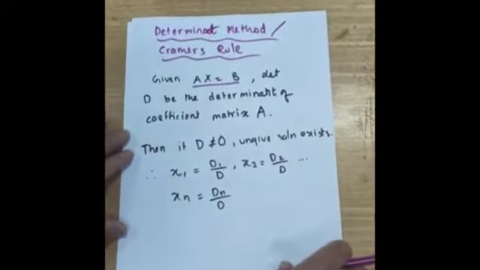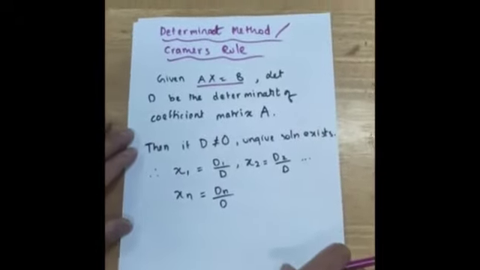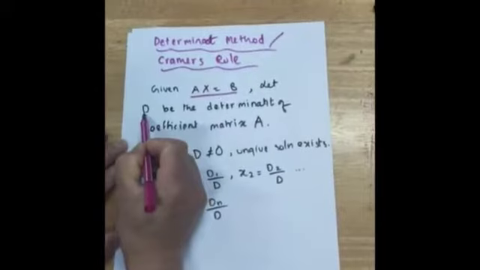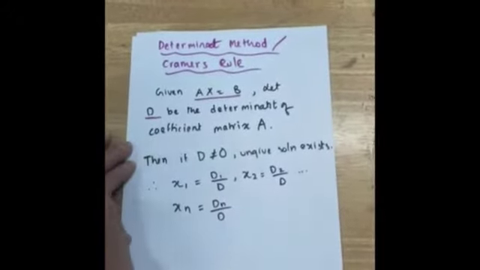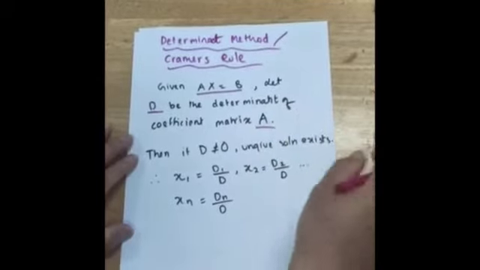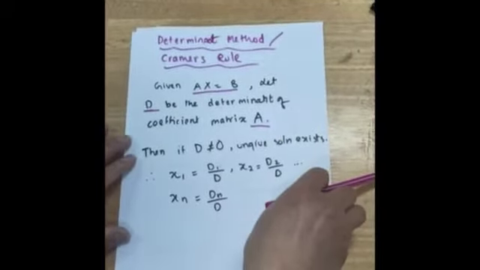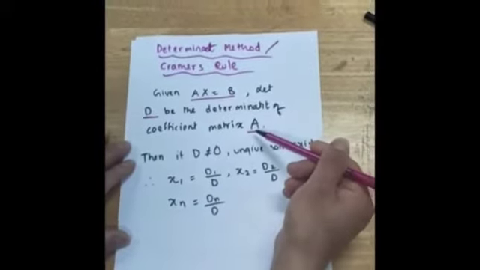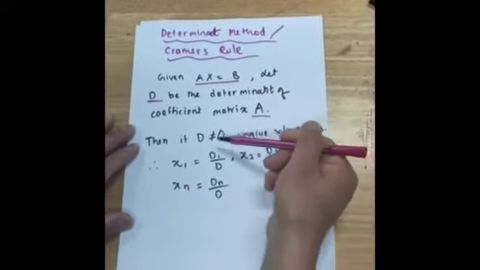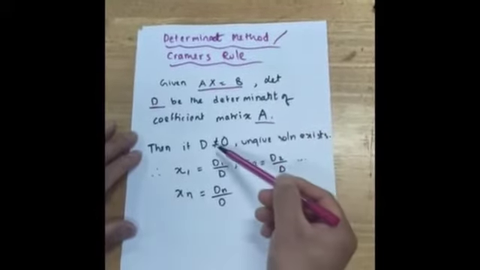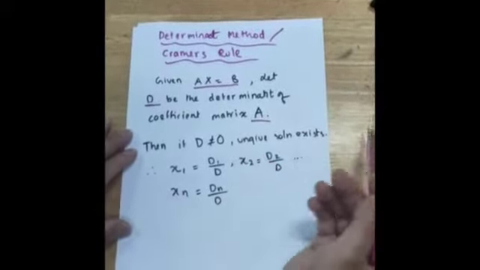In that case, the first step is to find the determinant D of the coefficient matrix A. Once you compute the determinant of the coefficient matrix A, you should check whether it is equal to 0 or not equal to 0.